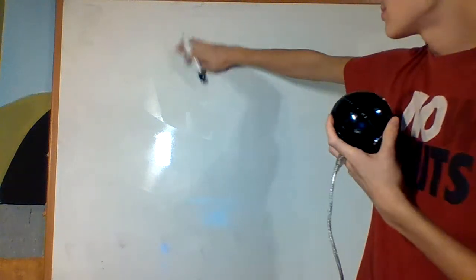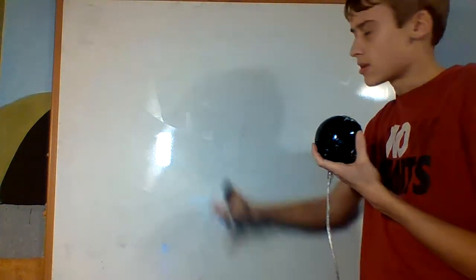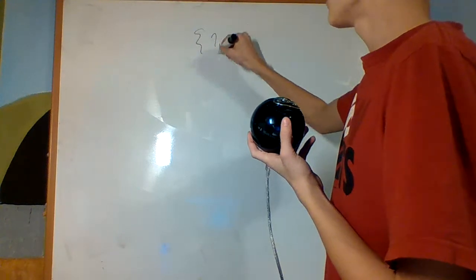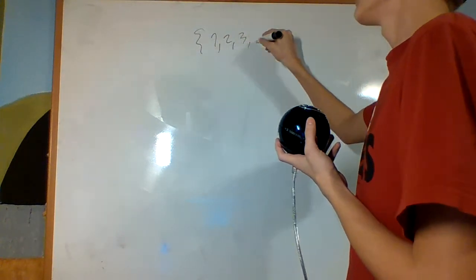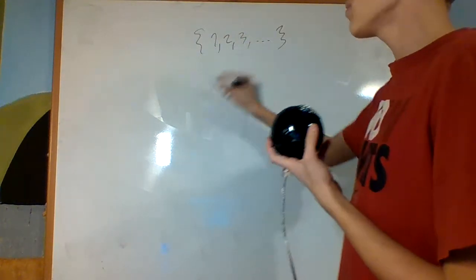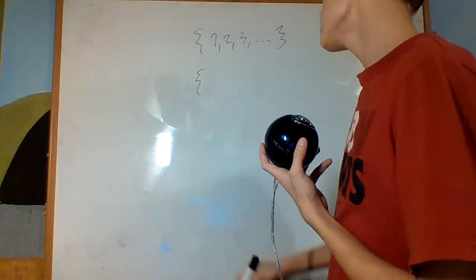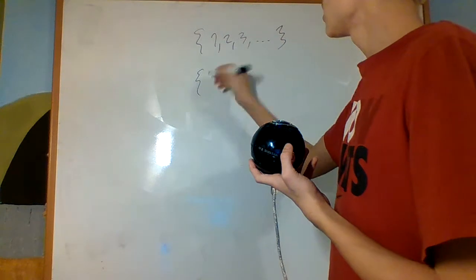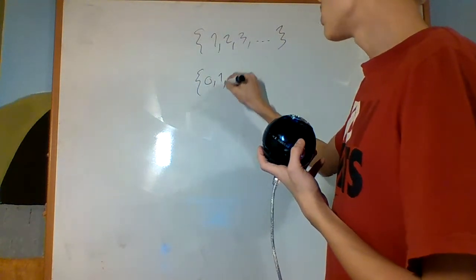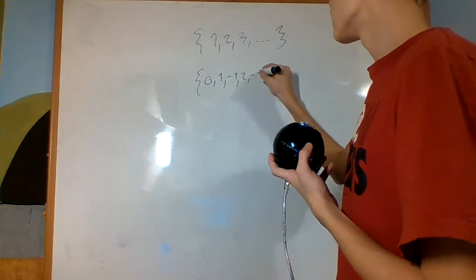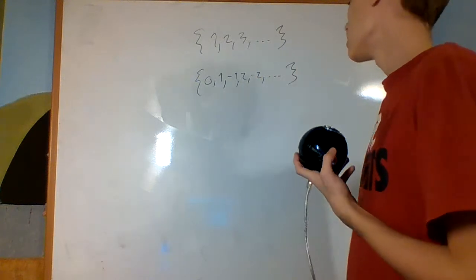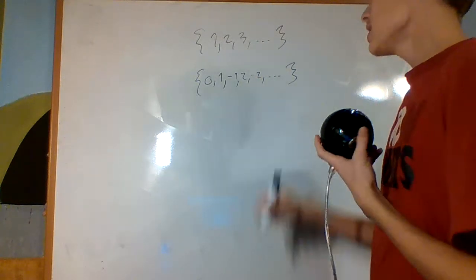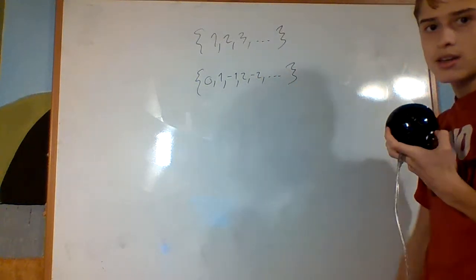So, what does it mean for something to be the same size as the natural numbers? I have my set of natural numbers, 1, 2, 3, on, and I want to see if this is the same size as the set of integers, 0, 1, -1, 2, -2, so on. I say it is. Why?